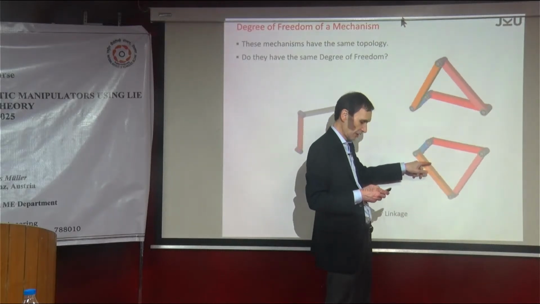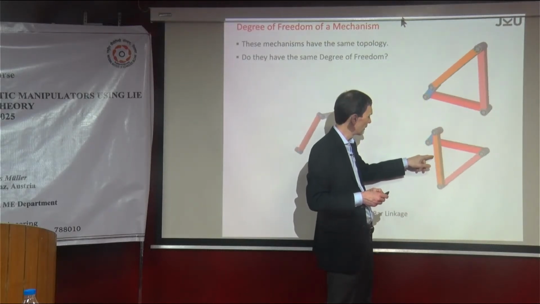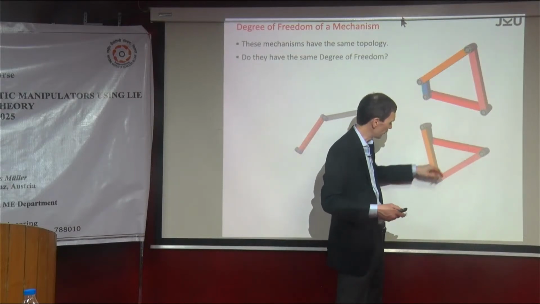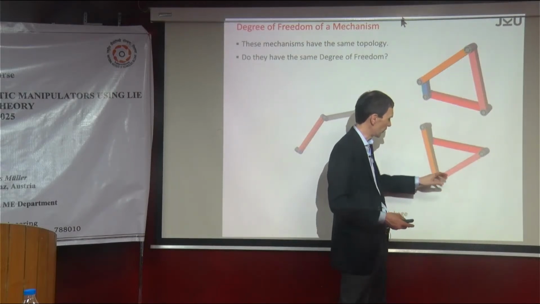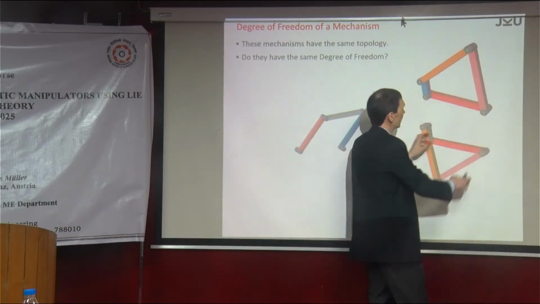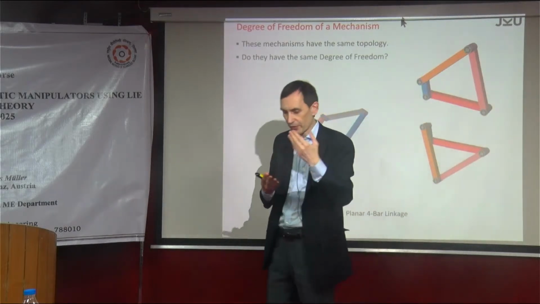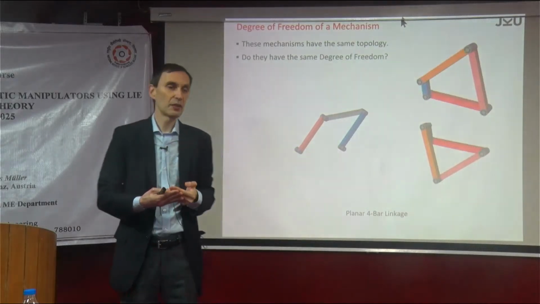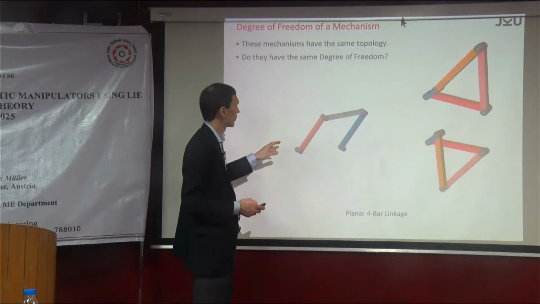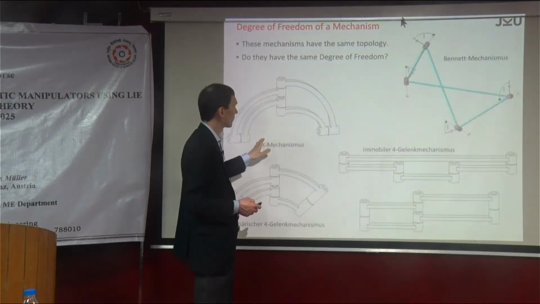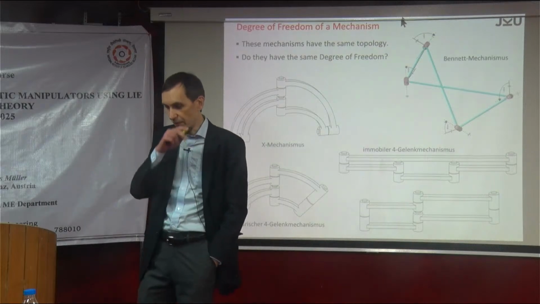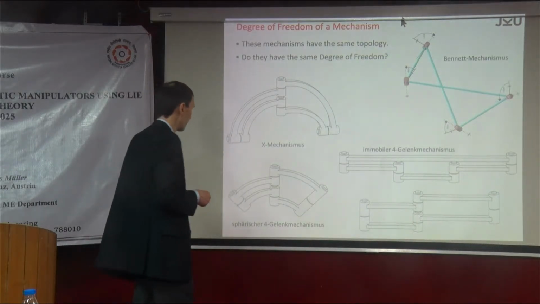So what you could do, for example, is to split it somewhere, take the purple one off, move the whole system up there, and put it again, and you're there. So it's the same linkage, a different mobility, but the same degree of freedom. And here it's also different, and we have singularities and so on, but that's not important. What is important is to see the connection between the topology and the degree of freedom.